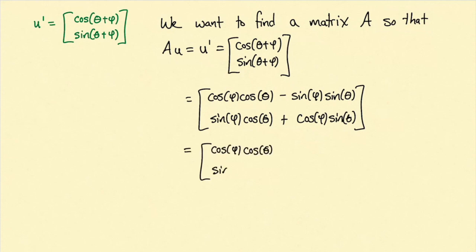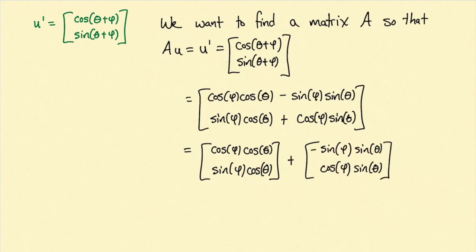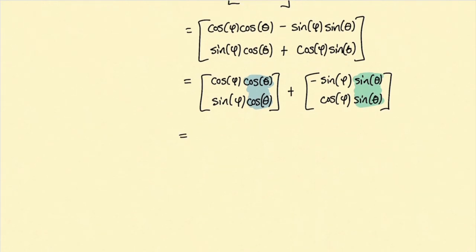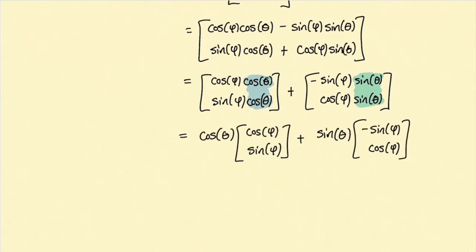Next, we can break this into the sum of two vectors. We observe that the first vector has a cosine theta on the x-coordinate and a cosine theta on the y-coordinate. Then the second vector has a sine theta on the x-coordinate and a sine theta on the y-coordinate. So we can pull these two values out as scalars.